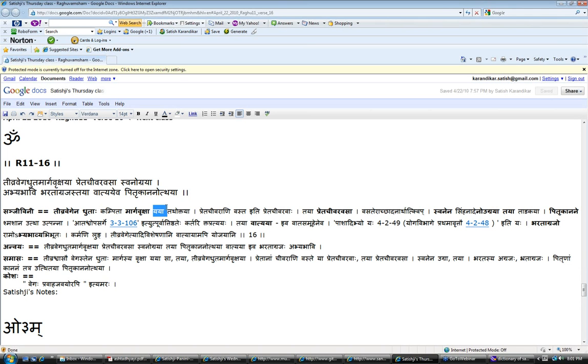Yaya taya, yena tena, yasya, yasmat, yasmin. So when you see this yat pratipadikam being used in the Vigraha Vakyam, that means Bahuvrihi. Here we don't have that. So he says, Swanena simhanadena ugraya, taya tadakaya. He didn't give us that, because ugra is an adjective already.